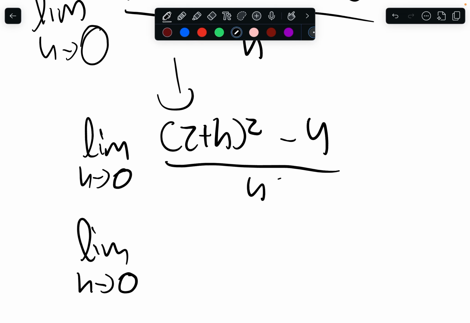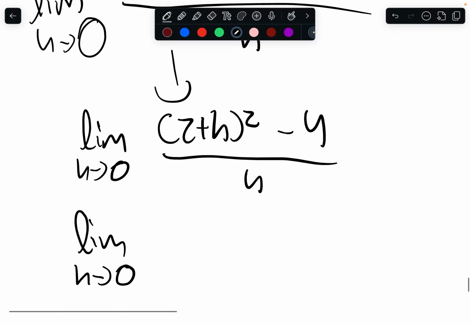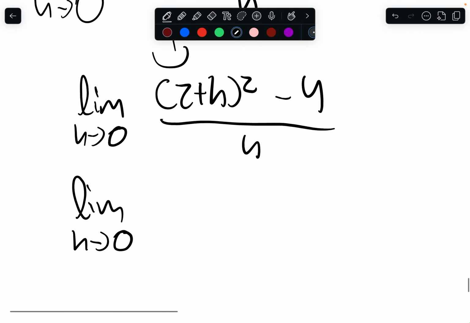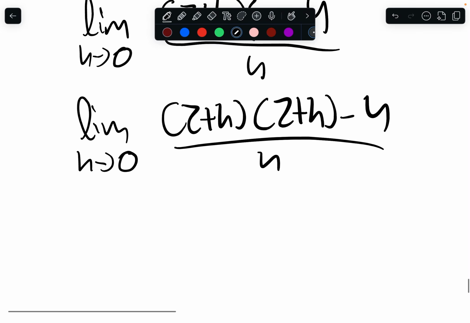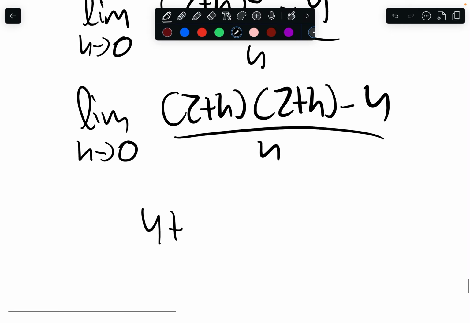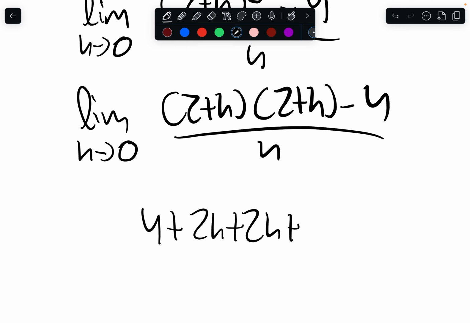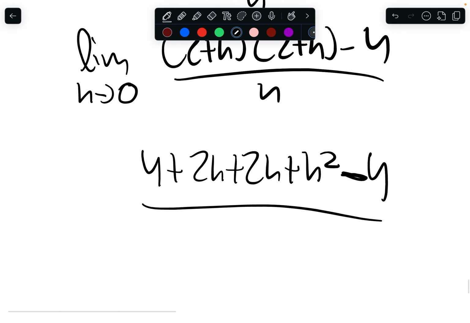Because if we were to just plug in h as 0 directly, our denominator would just become 0, and then we would have a form that we cannot solve. Let's expand out this factor here. 2 plus h squared. 2 plus h squared, that's 4 plus 2h plus 2h plus h squared minus 4. Okay, over h.